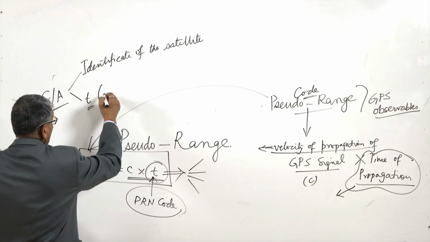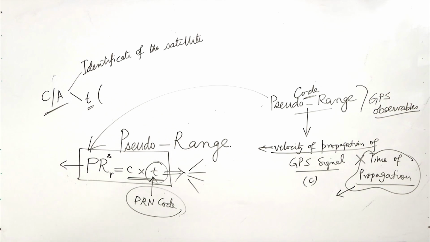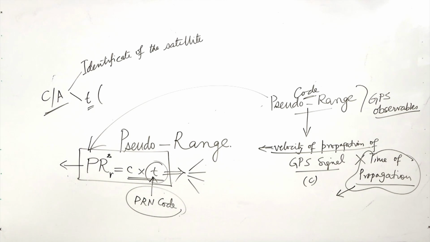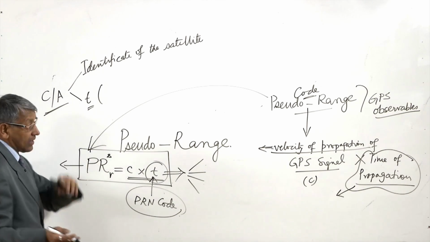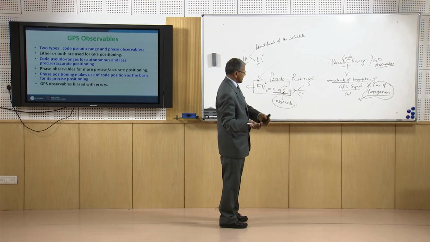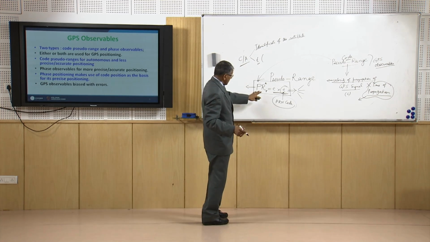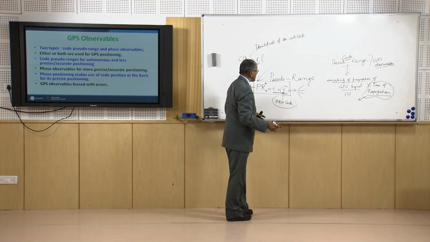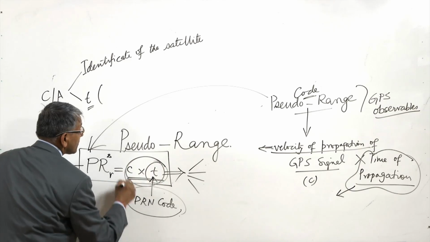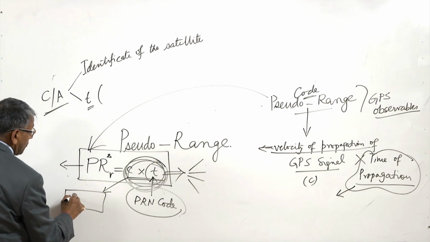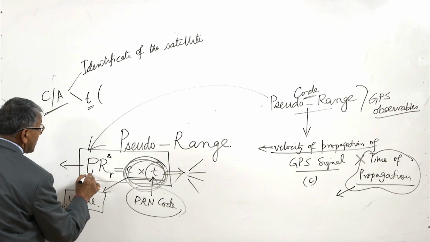This measurement of time is not very accurate. However, it serves many purposes, and to start with we have to measure some time. Later this time gets refined by making use of phase measurement. So this is the idea behind code pseudo range, and in GPS observation we get this value C into t, and that is the pseudo range.